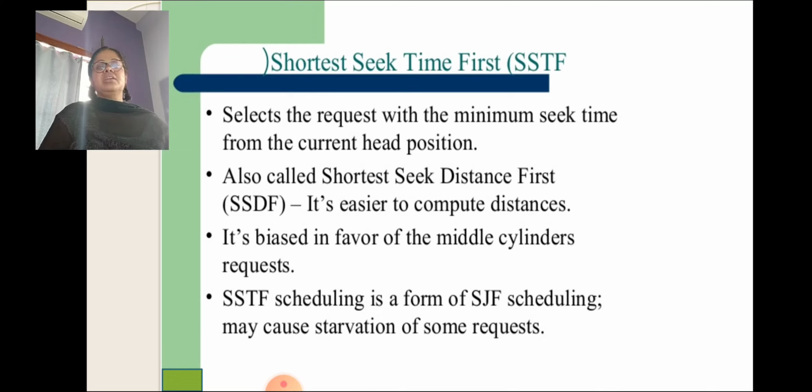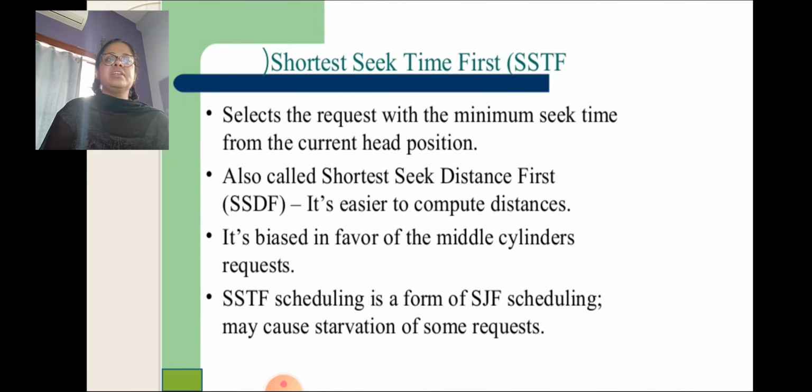For our example request queue, the closest request to the initial head position 53 is at cylinder 65.